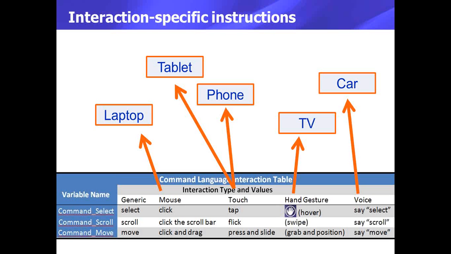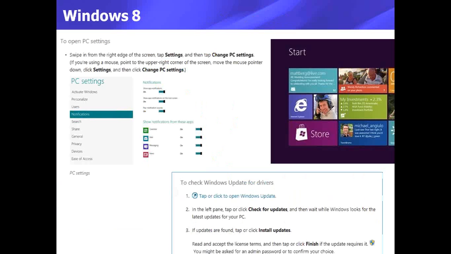So for select, I have click, tap, the icon for hover, and if there was voice interaction, whatever the person would be saying in that situation. That's equated to a variable name, which I can use in my authoring tool to automatically put the right verbs in the right places.